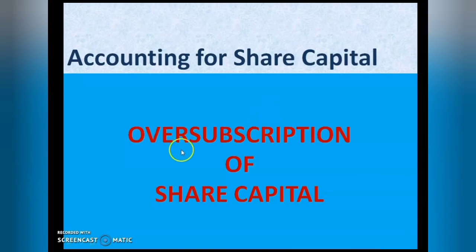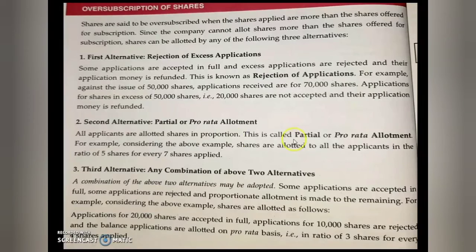Now we are going to discuss oversubscription of share capital. Here you can see that shares are said to be oversubscribed when the shares applied are more than the shares offered for subscription. You have to understand that shares are offered by a company, and who applies for it?